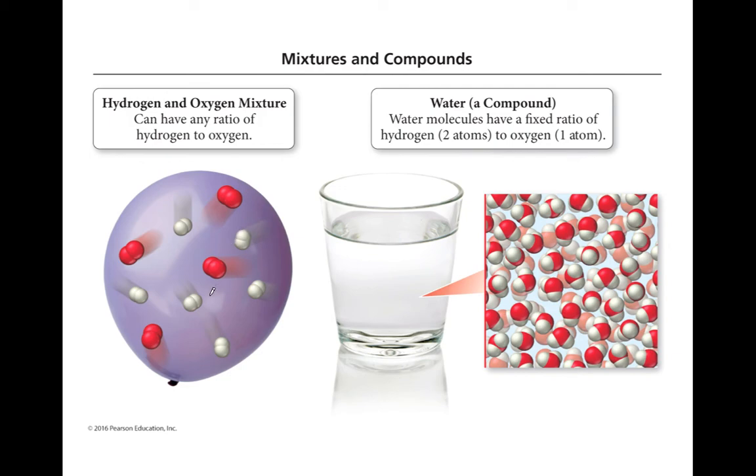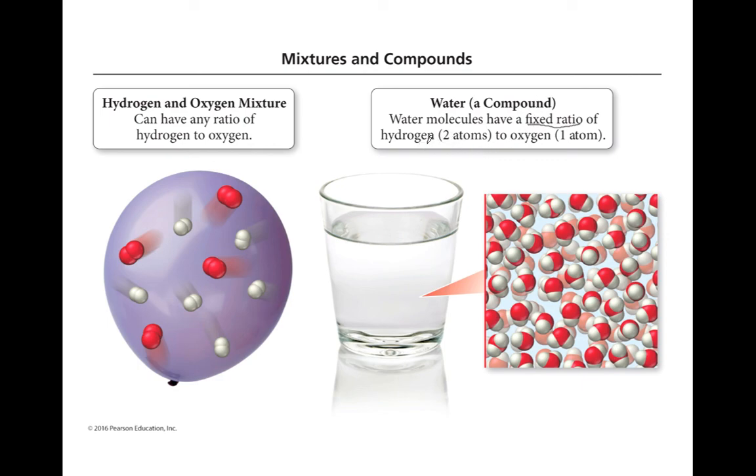And do you remember the law that is exemplified by this? This was the law of multiple proportions. No, it's not. The law of definite proportions, right? Because the law of definite proportions says that a compound has a fixed ratio of the component elements, no matter where you get the compound from.